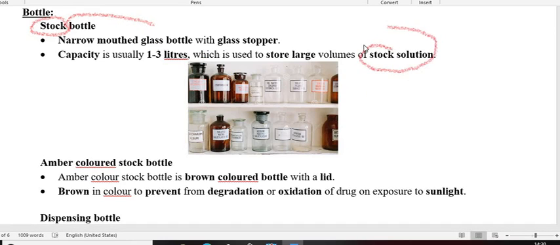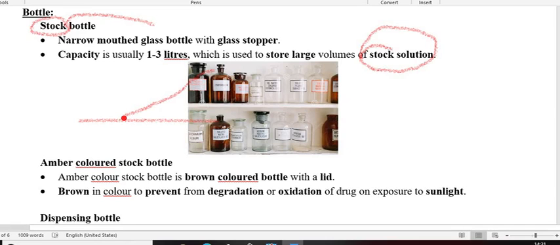Usually the mouth of the stock bottle should be narrow, so that it does not easily spill, and it is covered with a stopper; a glass stopper is the better choice.